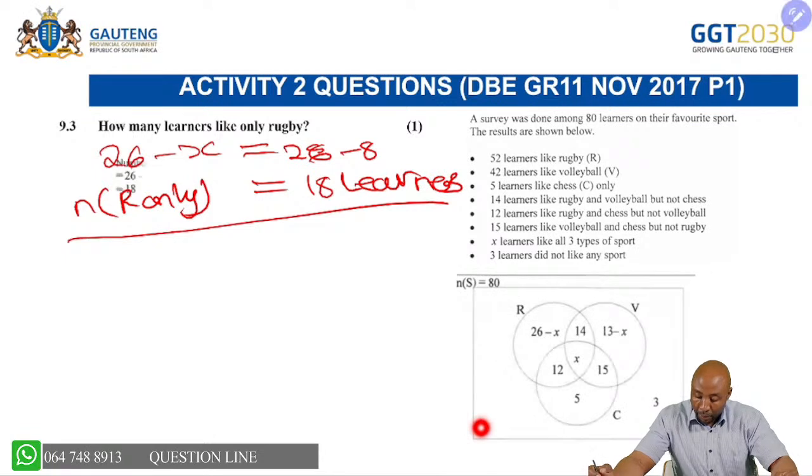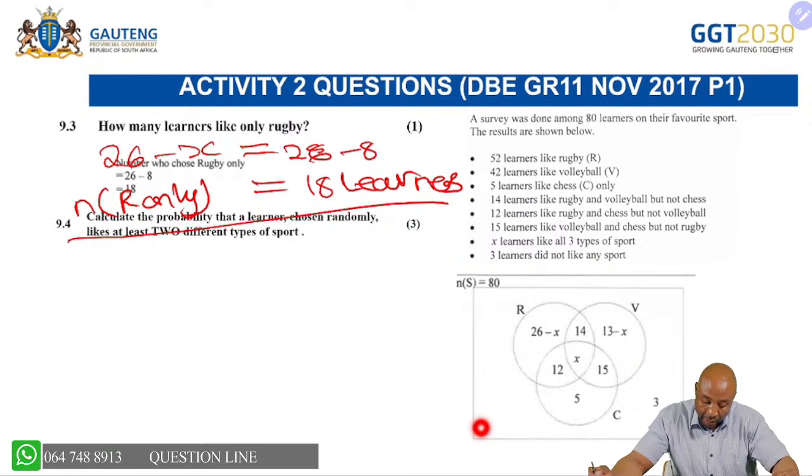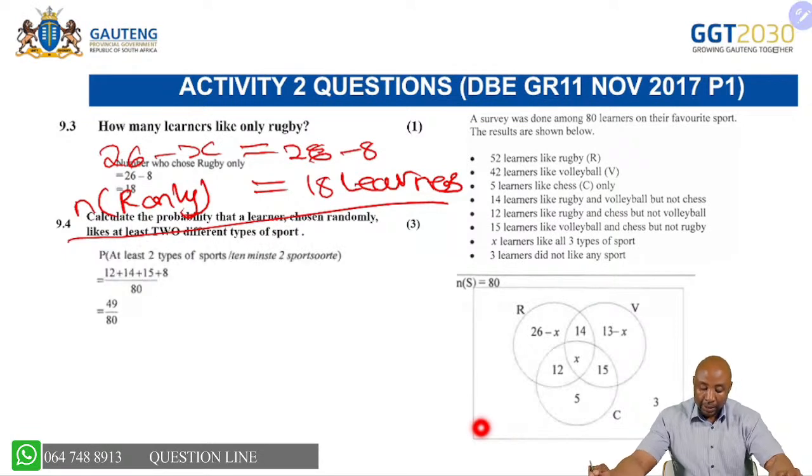Then our 9.4, calculate the probability that a learner chosen randomly will choose at least 2 different sports. That one, you are going to add those at the intersection. Remember, we said our X is 8, so it will be 12, 14 plus 15 plus those 8.